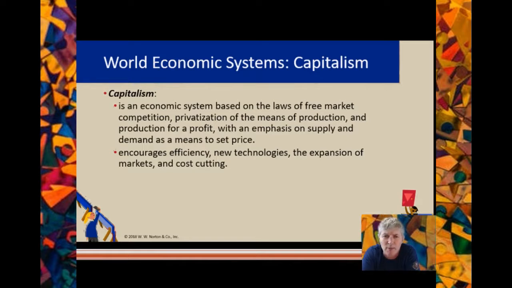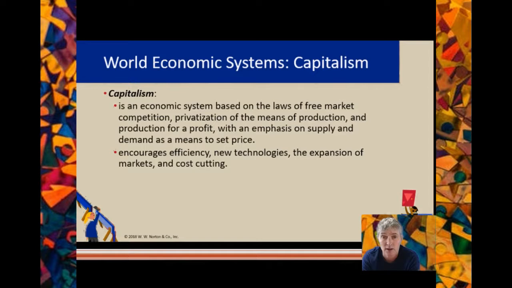Next thing we want to talk about is the world economic system. The one that we are a part of is capitalism, of course. This is an economic system based on the laws of the free market, competition, privatization of the means of production, and the production for a profit.